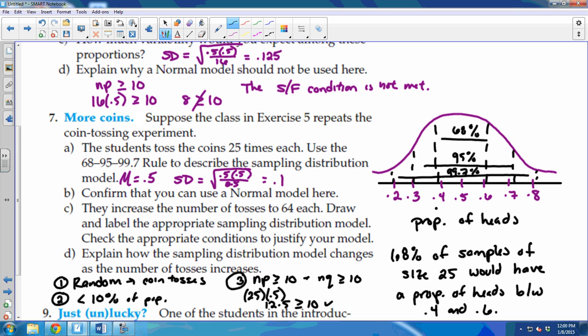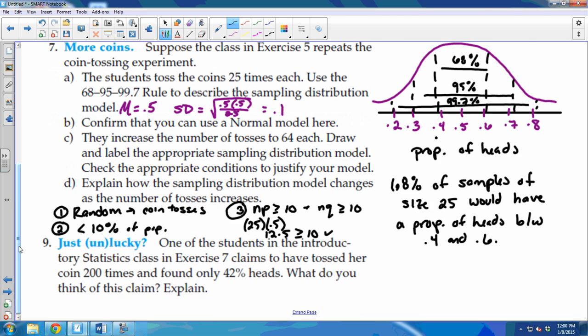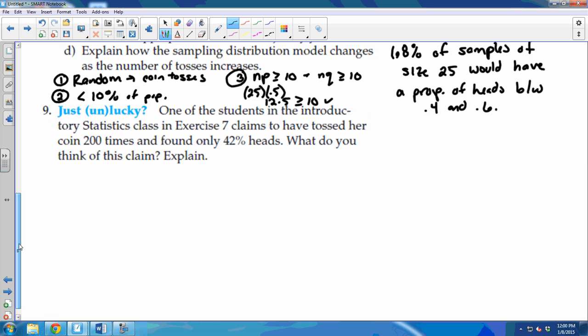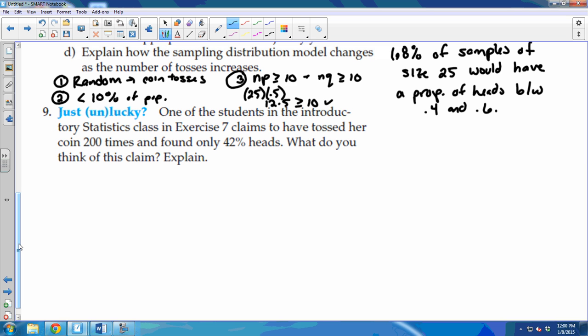Yeah? Okay. One more question about the coin tosses. One of the students in the introductory statistics class in exercise 7 claims to have tossed her coin 200 times and found only 42% heads. What do you think of this claim? How we talked about before, how do we talk about if claims are unusual or not?